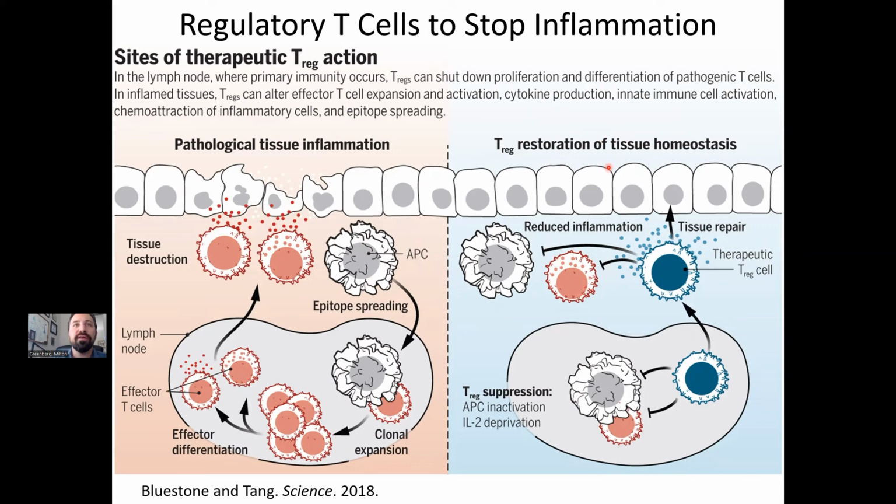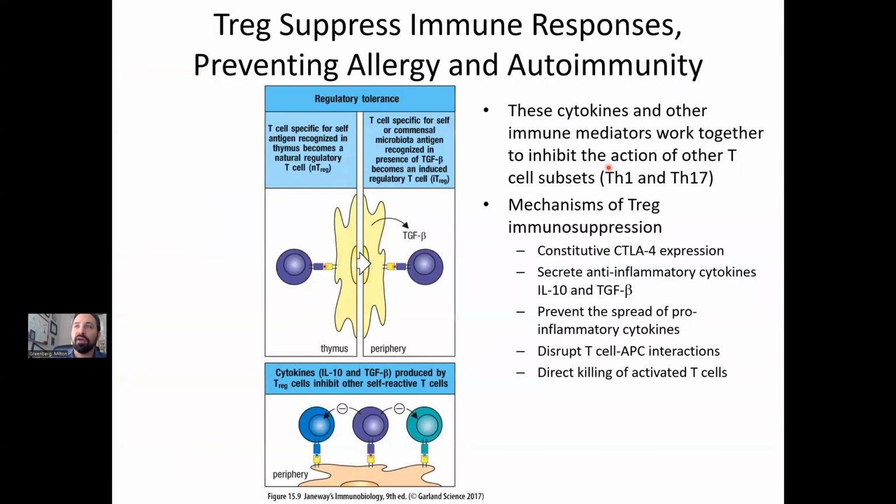So most of the T cells that you see in the gut, most of the T cells that you see in the skin are going to be in this regulatory phenotype where they're going to be preventing unwanted inflammation. So these are the cells that help to calm down the inflammation. These are cells that help to turn off all these pro-inflammatory processes that we've been covering earlier in today's lecture.